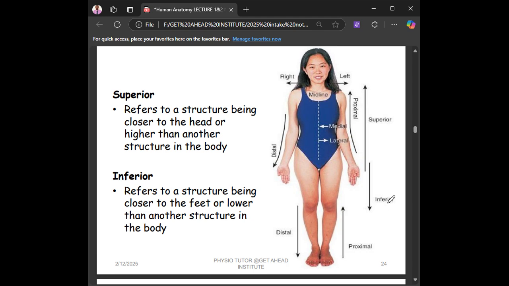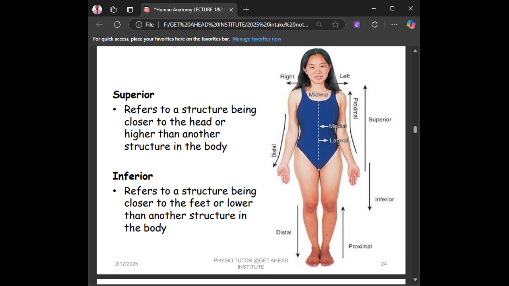Now when we are talking about these anatomical directional terms, it is very important that you familiarize yourself with them.